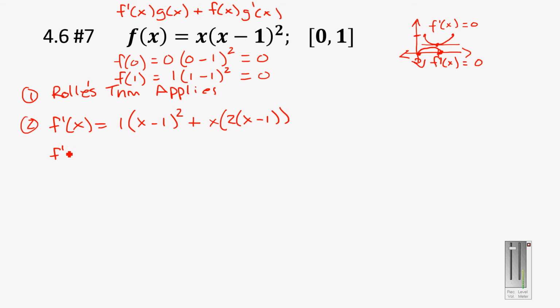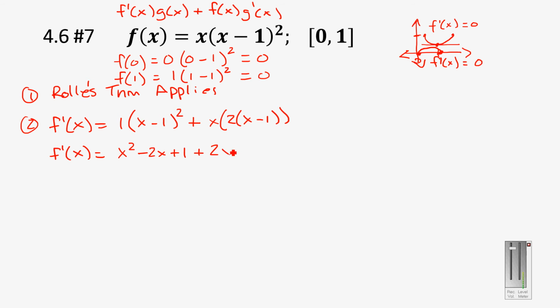Then let's narrow that down a little bit. f prime of x equals 1 times x minus 1 squared just becomes x minus 1 squared. x times x is x squared. Minus x is minus 2x. And then minus 1 times minus 1 would be plus 1. And over here I get 2 times x minus 1, which becomes 2x minus 2.